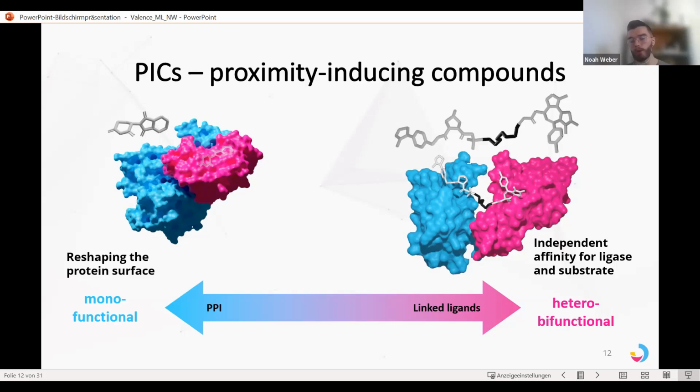And as we go more towards the heterobifunctional spectrum, it becomes the other way around. So PPI obviously plays a role, and it's important, but it's not the only story that we need to take into account. The subsequent ones take into account the interaction of the linked ligands in the molecules.